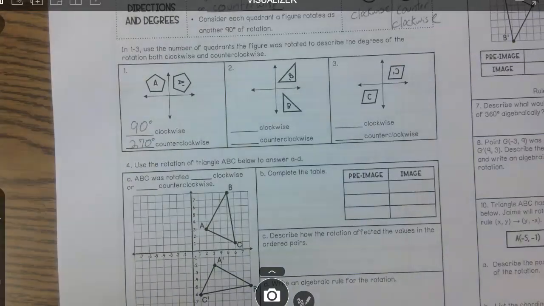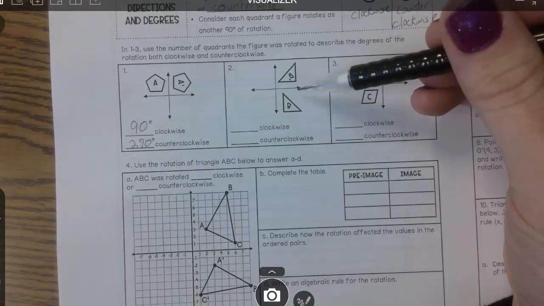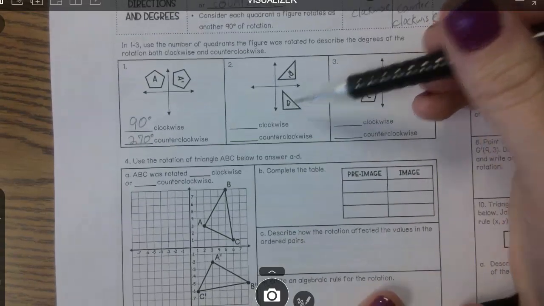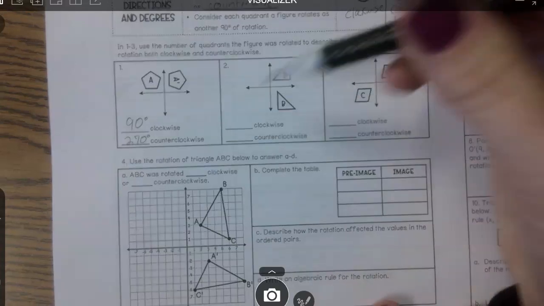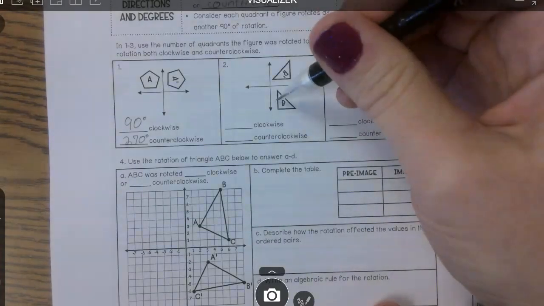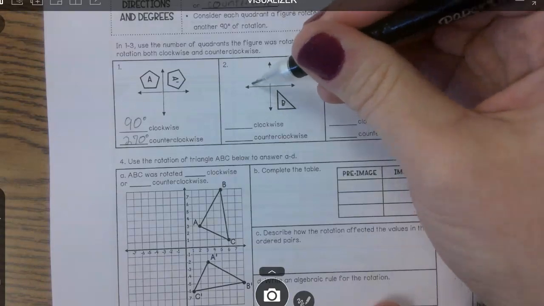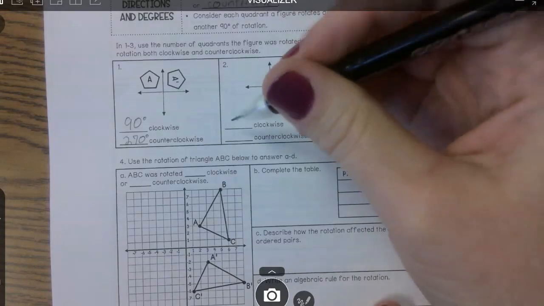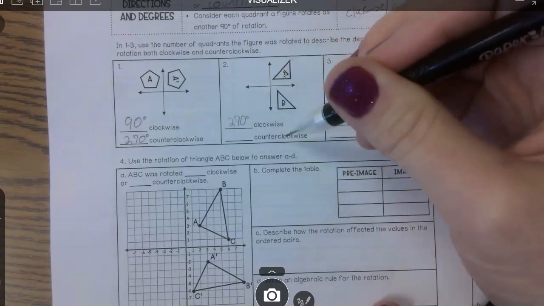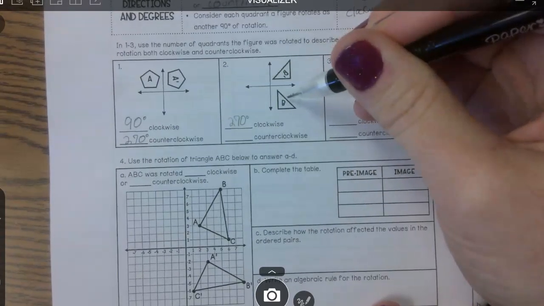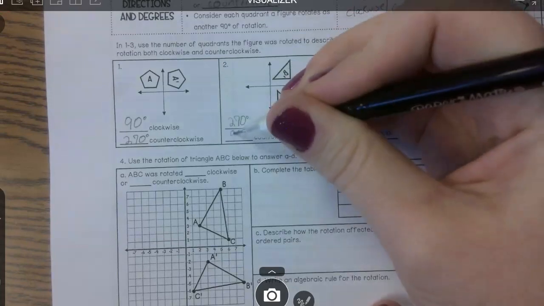Okay? Now this one right here is going to be, if I start right here at pre-image B and go this way, now if I'm going to go clockwise, the same way a clock would go, this would be a 270-degree turn. However, if I go counterclockwise, that is a 90-degree turn.